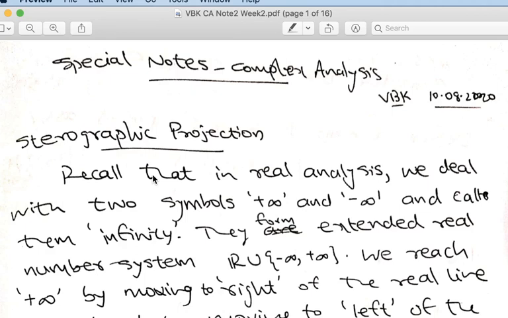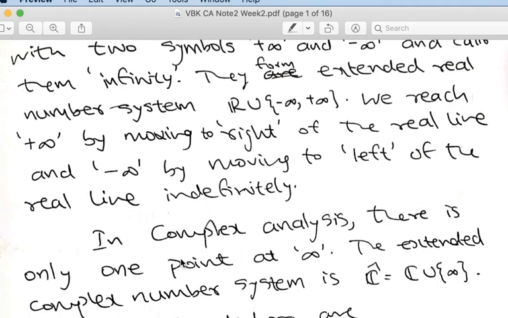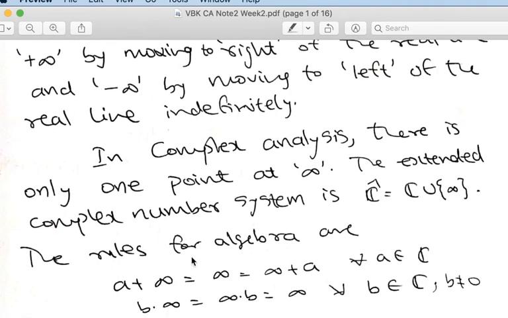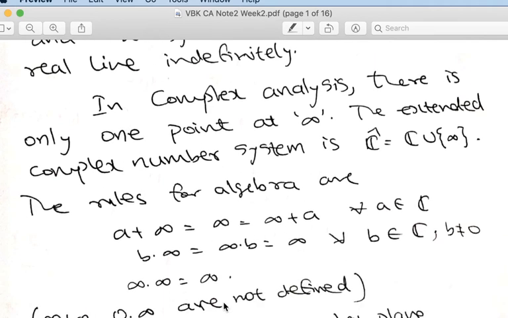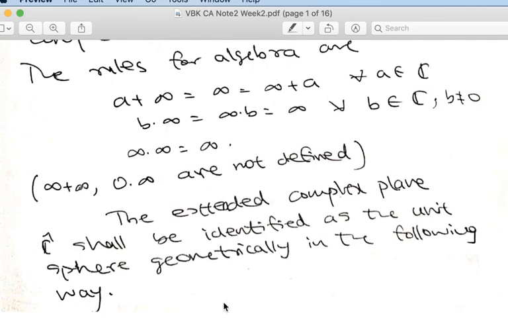So how do you make sense of this? Let us come to this. You adjoin a point at infinity, and you define the algebra rules in the typical way. And how do you geometrically make sense of this? The extended complex plane you denote by C hat, and basically we identify the extended complex plane with the unit sphere.